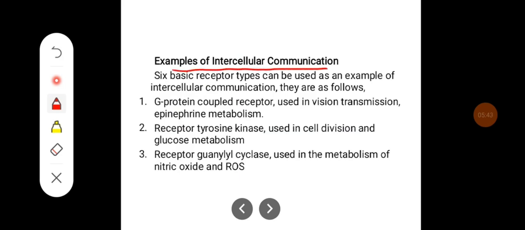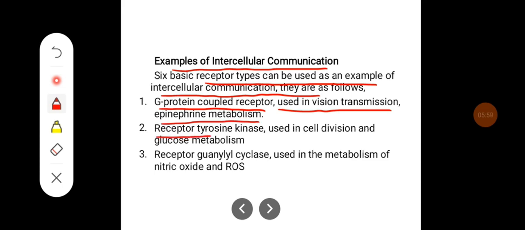Examples of intercellular communication. Six basic receptor types can be used as examples of intercellular communication, and they are as follows. The G protein coupled receptor, used in vision transmission and epinephrine metabolism. Then receptor tyrosine kinase, used in cell division and glucose metabolism.